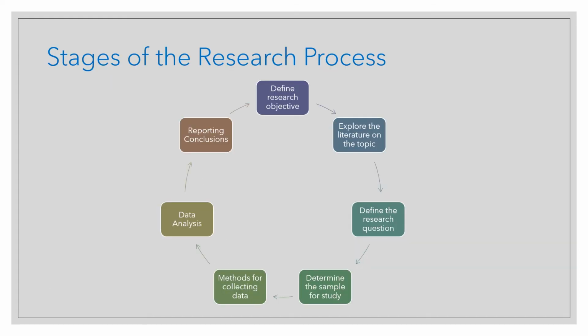Whether we use exploratory, descriptive, or causal research will be driven by the objective of the research. There are specific stages that the research process goes through, and it always starts with defining what is the objective, what is the problem, and what is the gap.